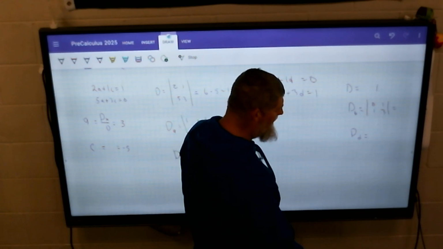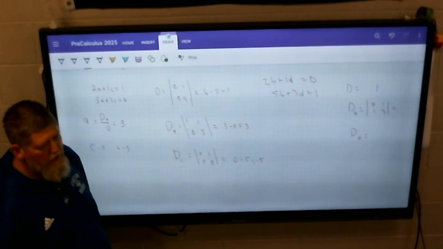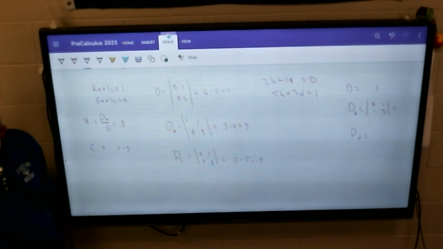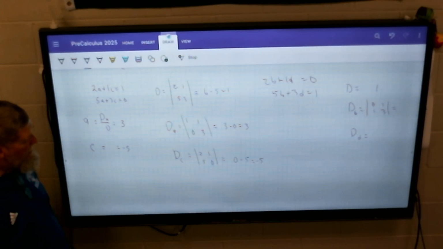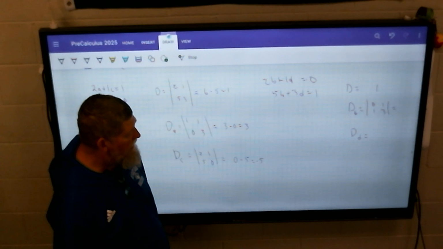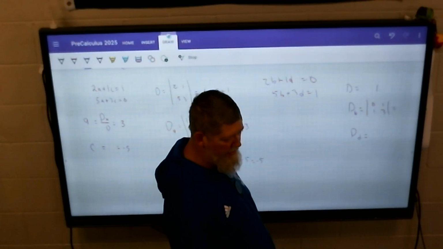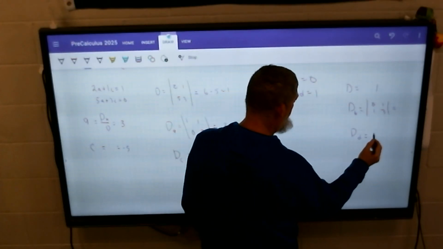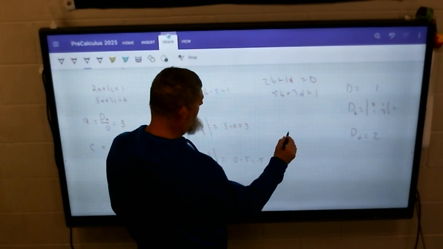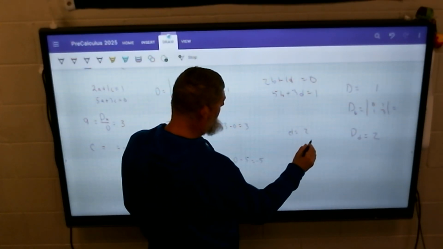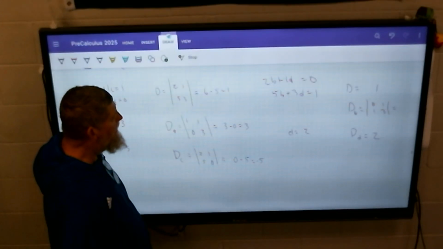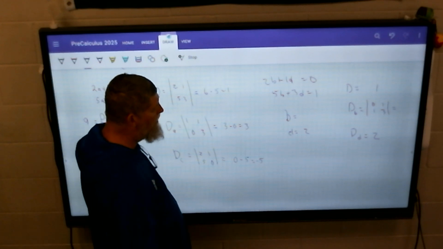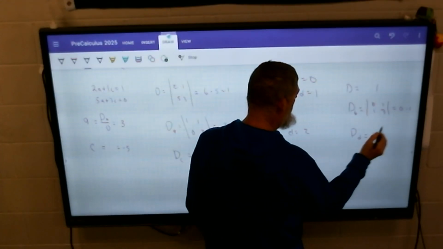I got 2. You got 2. You sure you didn't do D sub D there? I mean, D sub D is 2. Therefore, D is going to equal 2 over 1. And then B is negative, 0 times 2 is 0 minus 1.